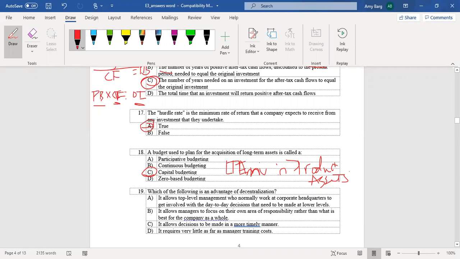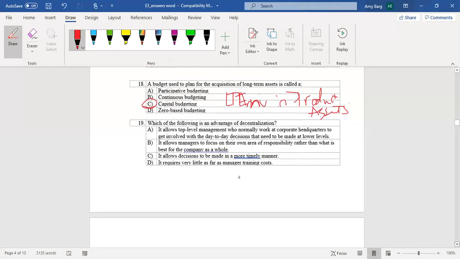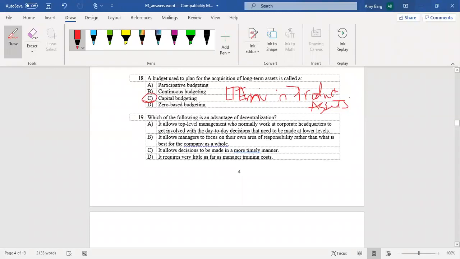Which of the following is an advantage of decentralization? We just talked a little bit about decentralization. We're looking for an advantage. It allows top-level management who normally work at corporate headquarters to get involved with the day-to-day decisions that need to be made at lower levels. No, that's not what's happening here. It allows managers to focus on their own area of responsibility rather than what is best for the company as a whole.